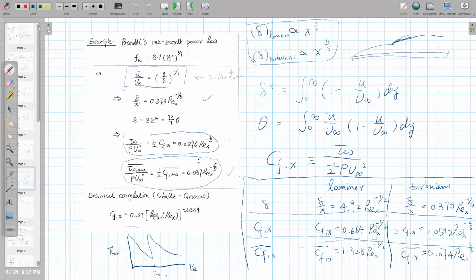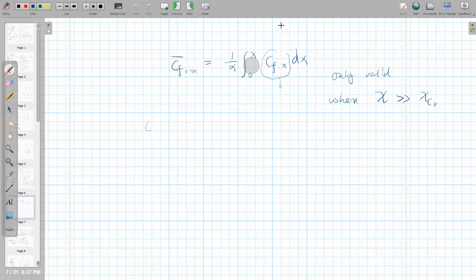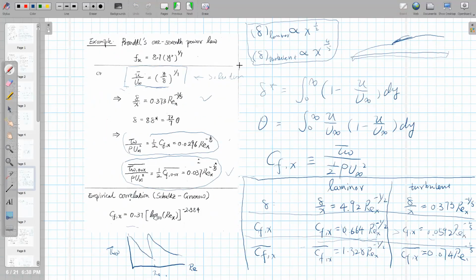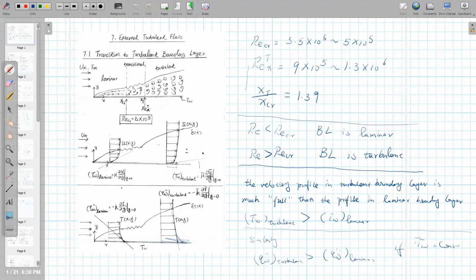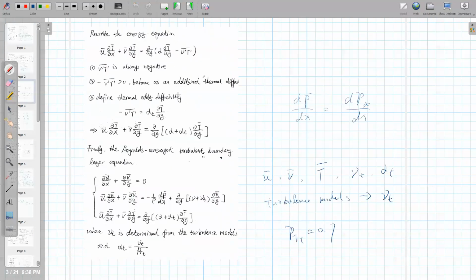When we do this integration, we directly use this quantity, and we didn't consider any other region to get this mean value. But in realistic cases, if you want to integrate from here to the end, you should separate your integration into the laminar part first, and then the turbulent part. So what is the correct way to do this?